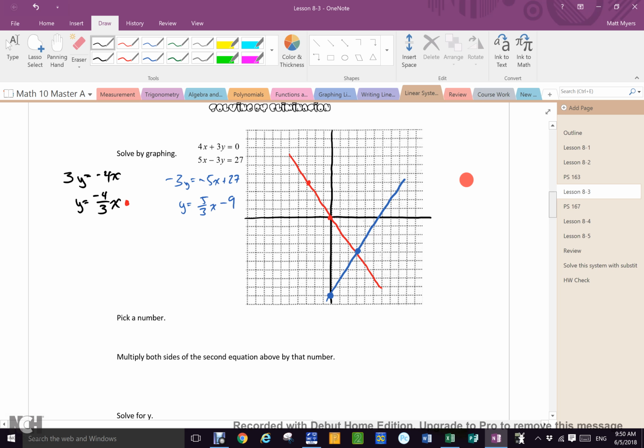Does everybody have a solution? You should. It shouldn't have taken this long to graph it.